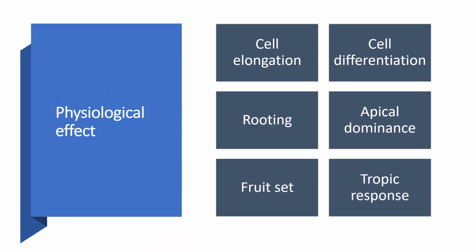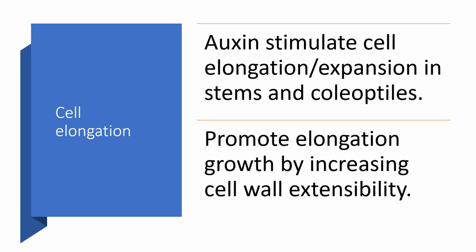Then there are many physiological effects of auxin: cell elongation, cell differentiation, rooting, apical dominance, fruit set, and tropic response. We will discuss each of these in detail in the next slides. So, cell elongation.